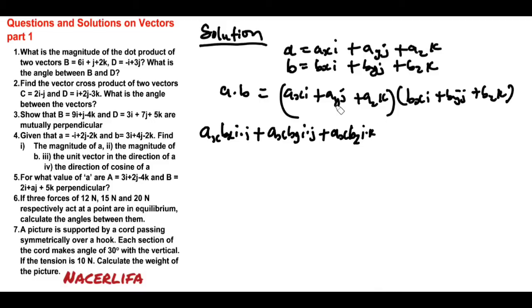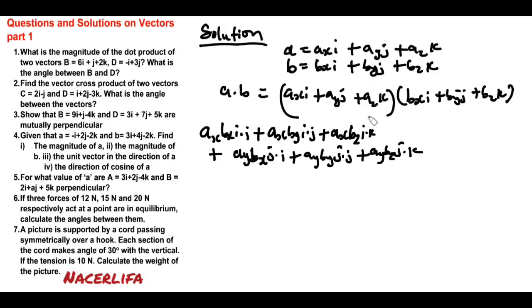Then, taking AY, I have plus AY times BX, j dot i, plus AY times BY, j dot j, plus AY times BZ, we have j dot k.